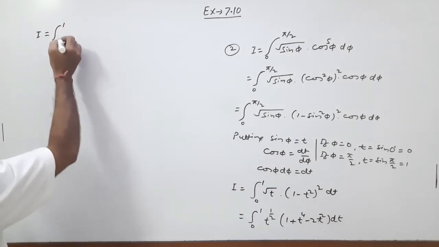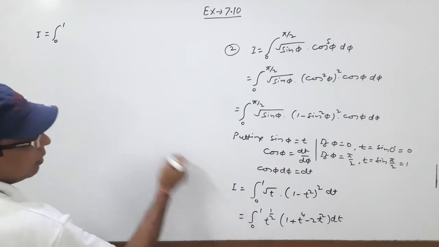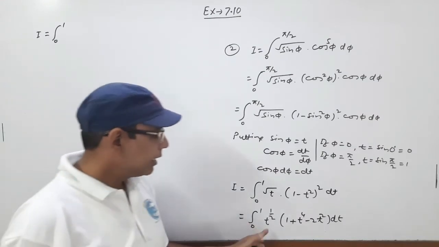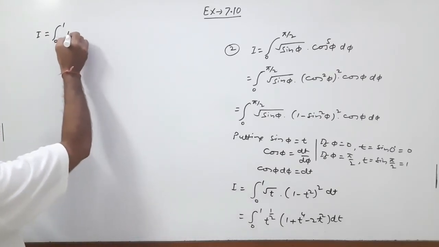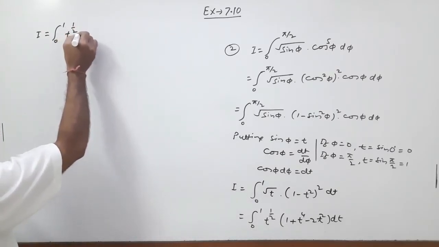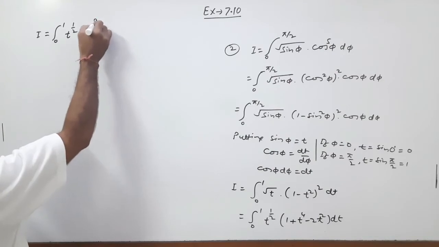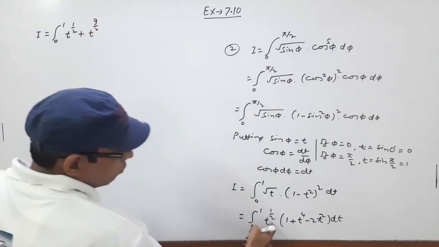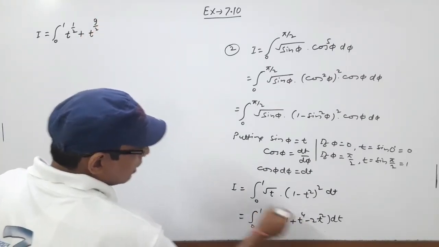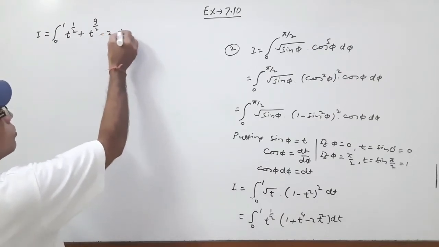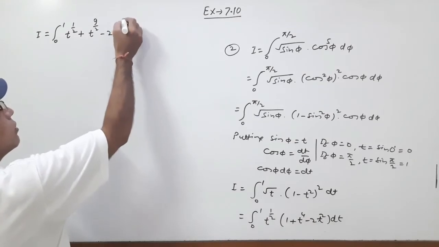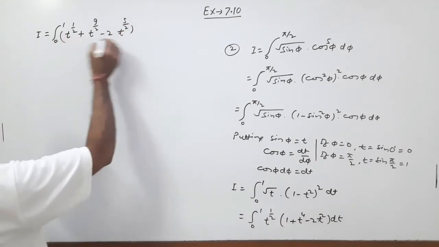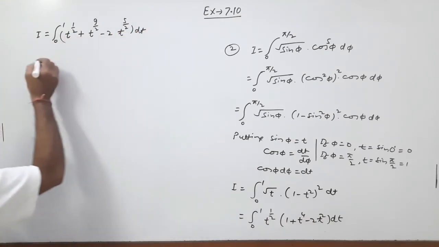It becomes, limit is 0 to 1, t to the power half plus t to the power 9 by 2, 2 4s are 8 and 1 is 9, and minus 2, 2 2s are 4 and 1 is 5, t to the power of 5 by 2 and dt.